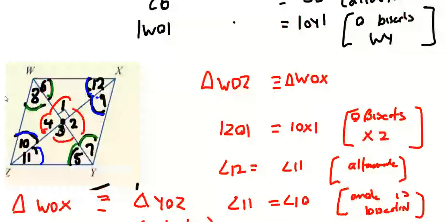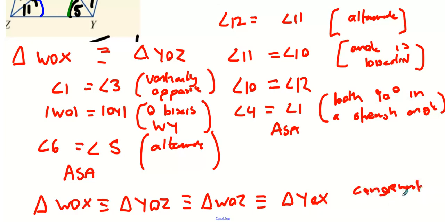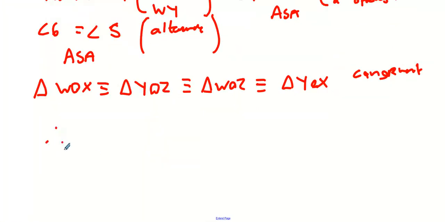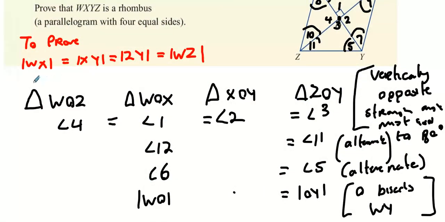What's the other two of them called? WOZ, and what's the last one? YOX. And we're proving that they're all congruent. Therefore, what must be true? Therefore, what are the four sides we wanted again at the beginning? WX, therefore WX equals XY equals ZY equals WZ. This is a rhombus. And done.